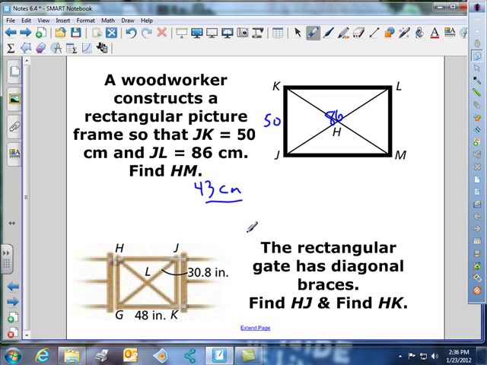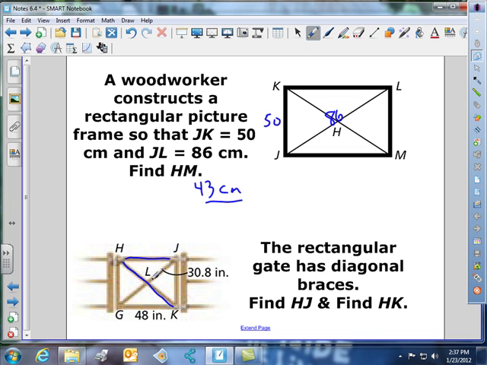Down here, we've got a rectangular gate that has diagonal braces. So those are JG and HK. We are to find the measures of HJ and HK. Well, in order to find HJ, that will be the measure of this side. We know that the measure of this side is 30.8. And we are also to find HK. Well, here's the thing.